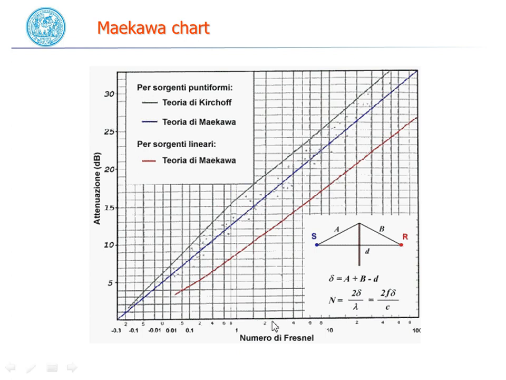As you can see, when the source is a point, the attenuation is bigger than for a line source. So the same screen will be more effective for a point source than for a line source. Shielding a line source is more difficult than shielding a point source. The noise from a line source propagates more heavily both with and without screens.